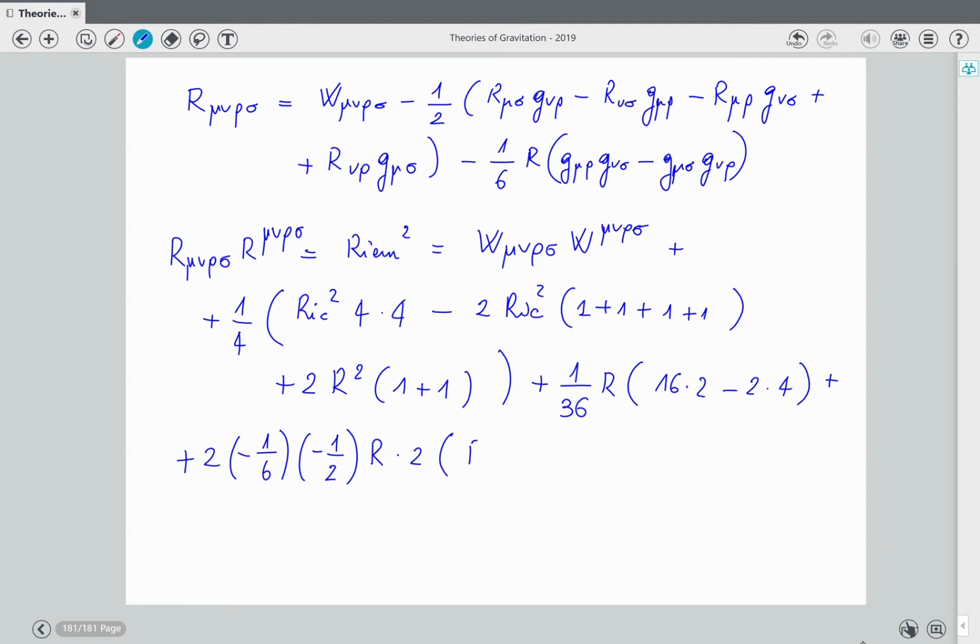The first case we get R. In the second case we get minus 4R. The third case, g mu rho g nu sigma, minus 4R. And in the fourth case, plus R. And that's it.